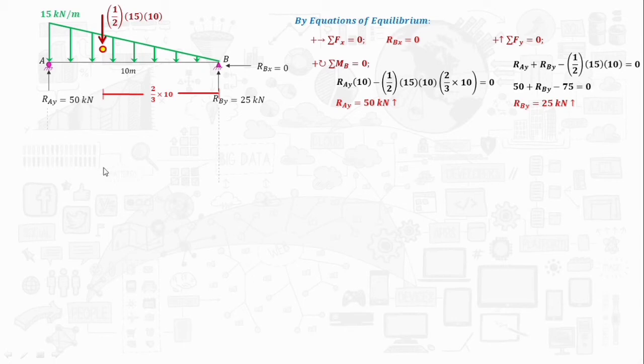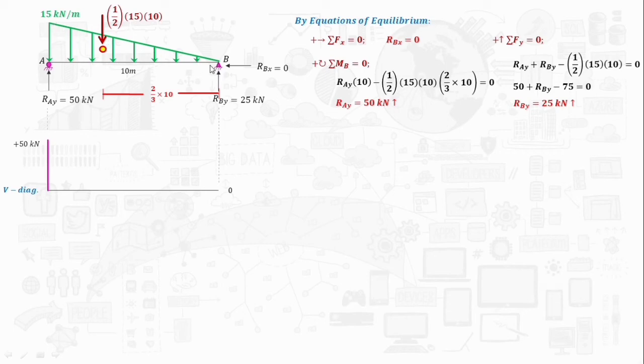Then, ito yung V diagram natin. So, from A, meron tayong upward force na positive 50 kilonewton.